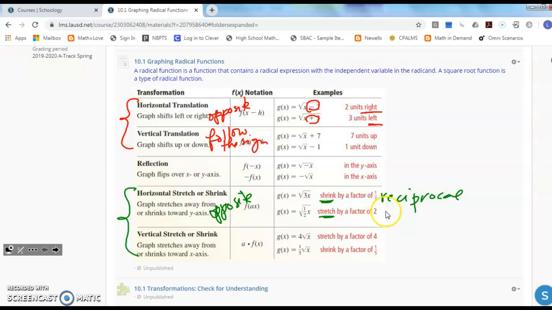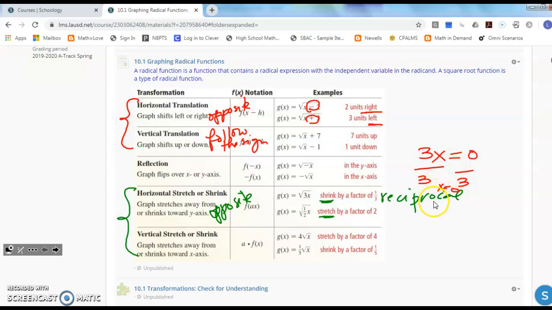Well, maybe you're wondering why that happens. Just to illustrate very quickly, if you have 3x is equal to 0 and you want to get the x by itself, what do you do? You divide both sides by 3, right? So you have x is equal to 0.